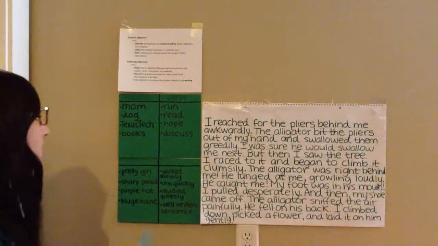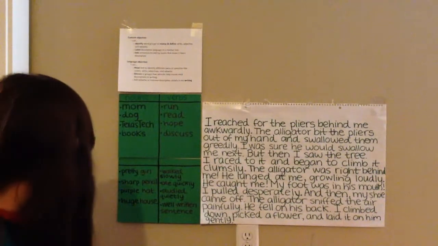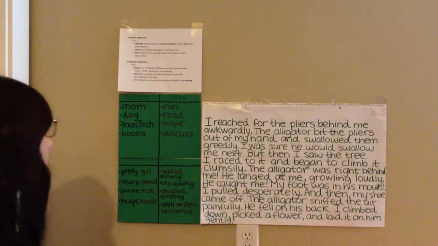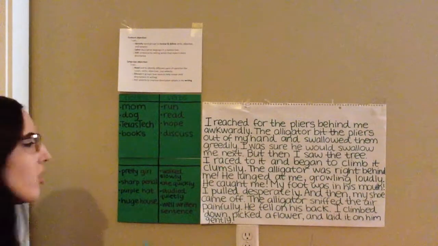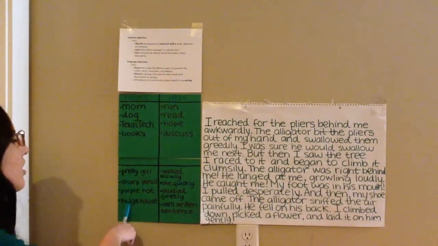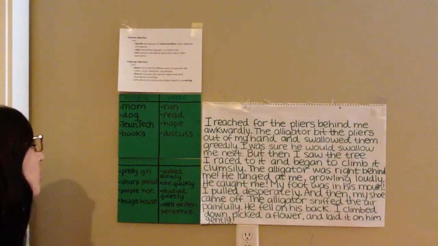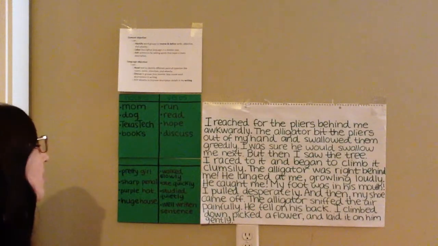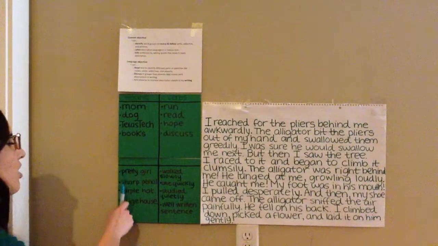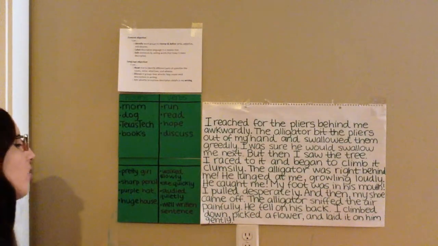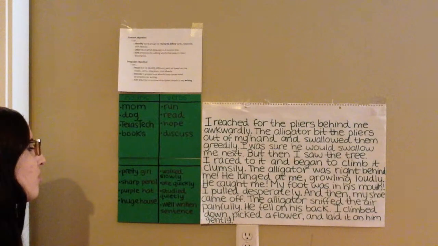Let's look at another list. Here we have 2 words in each of the bullet points. So we're going to focus on the dark words on this list. It says pretty girl, sharp pencil, purple hat, and huge house. Look at the dark words, pretty, sharp, purple, and huge. What are these words doing?